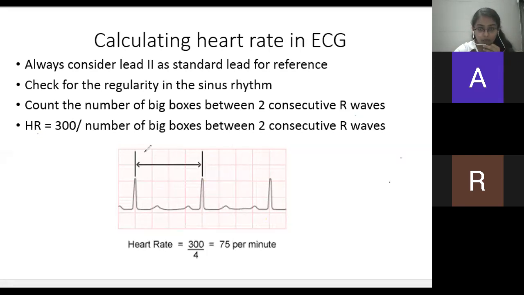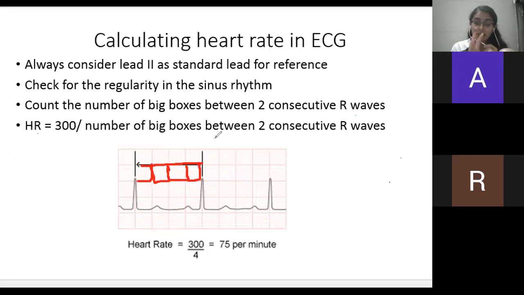Yeah. So these are the big boxes between these two consecutive R waves. Now we know that in one second there are 5 big boxes that cross the ECG paper, cross the ECG machine in 1 second.